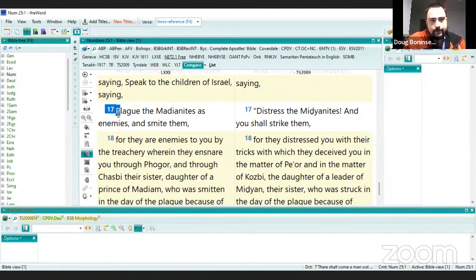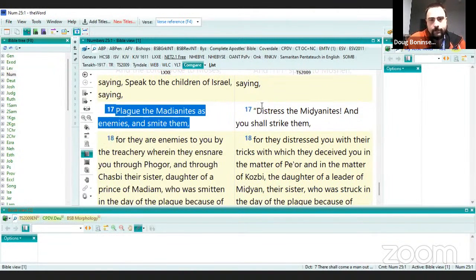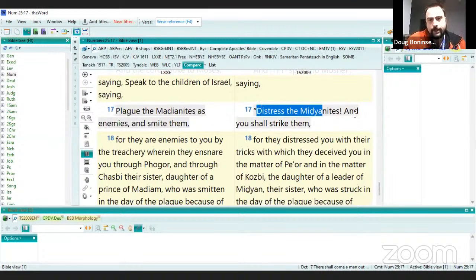Plagues the Midianites as enemies and smite them. Versus distress. Oh man, I don't like that translation at all. That's kind of even worse. Distress definitely waters it down a little bit. Yeah, that's a little pet peeve of mine. Sometimes that happens in modern translations.